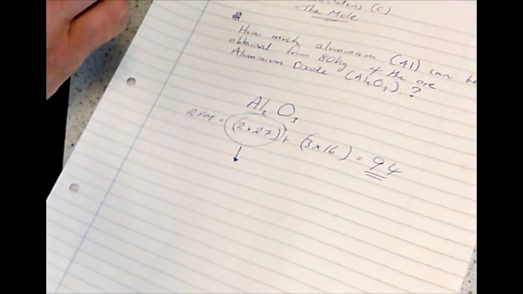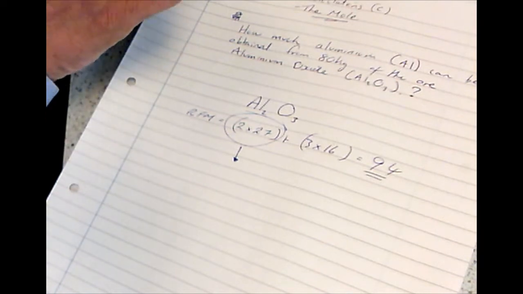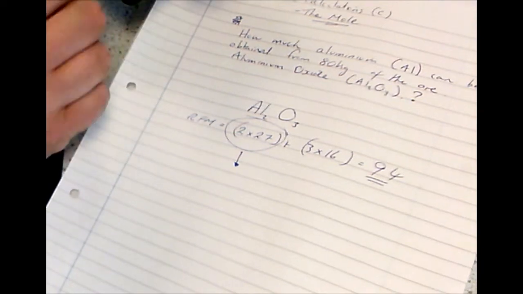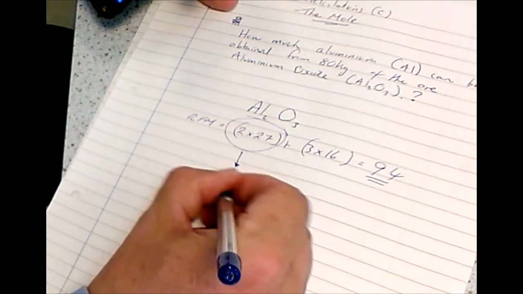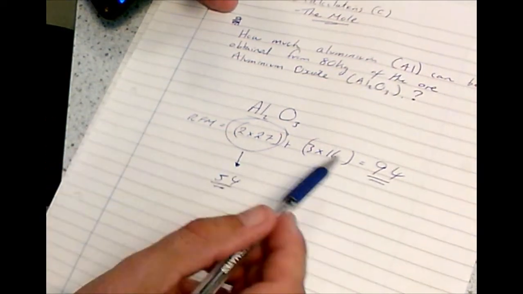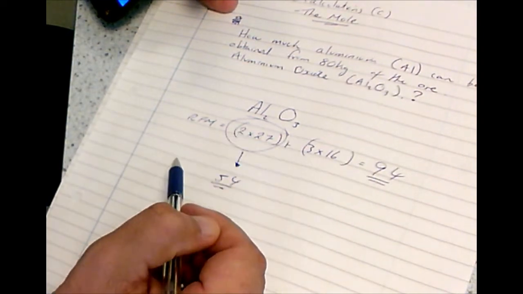Sorry about that, I should have worked it out previously. 2 times 27 equals, I make that 54. So 54 out of the 94 is the aluminium.